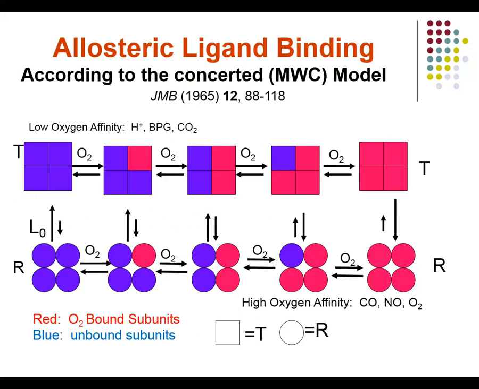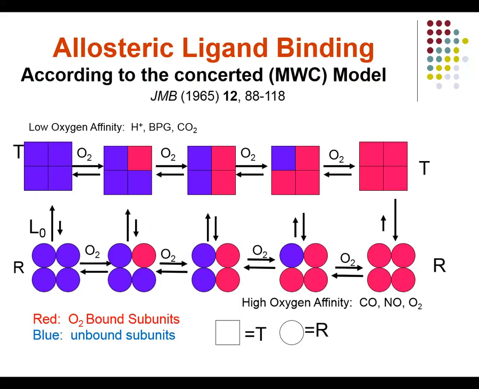Now, the beauty of this model is that we can make one generalized rule that will help you throughout the rest of the phase. And that is, anything that preferentially binds one state will stabilize that state and shift the equilibrium in that direction. So, for example, molecules that preferentially bind the T state will lower the oxygen affinity of the hemoglobin.